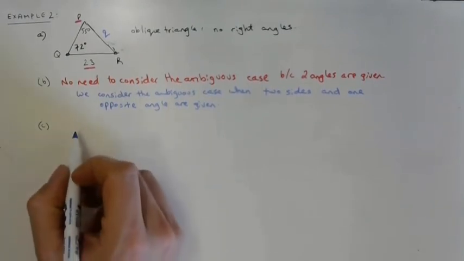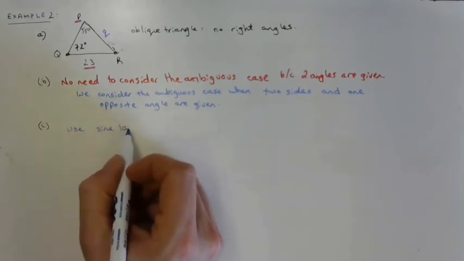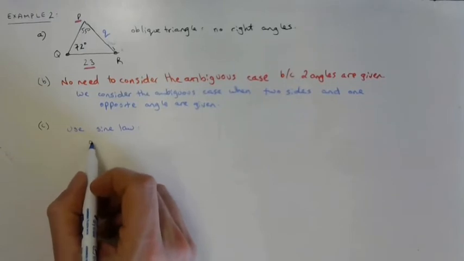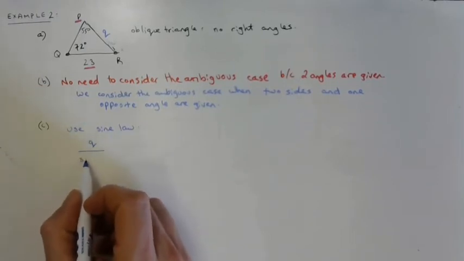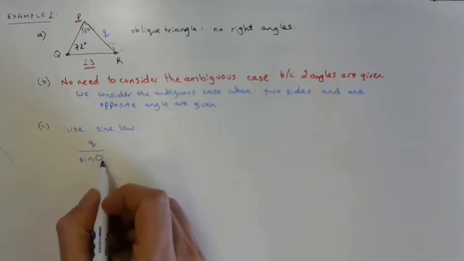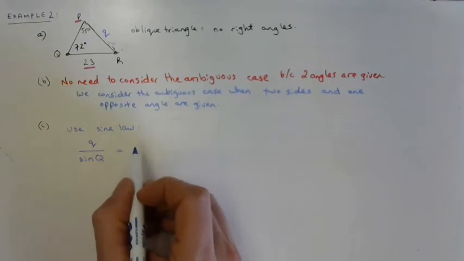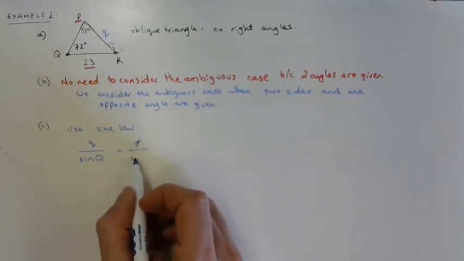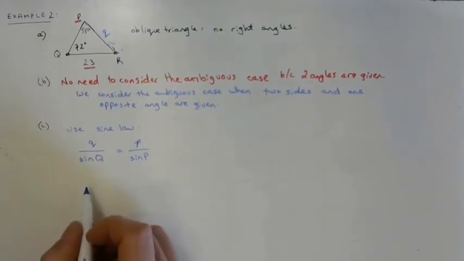So I'm going to set up the ratio using sine law. I'm looking for side length q, so I'm going to put my lowercase letters on top. Sine law tells me that side length q over sine Q is equal to lowercase p over the sine of angle P. From here, I just sub in what I know.